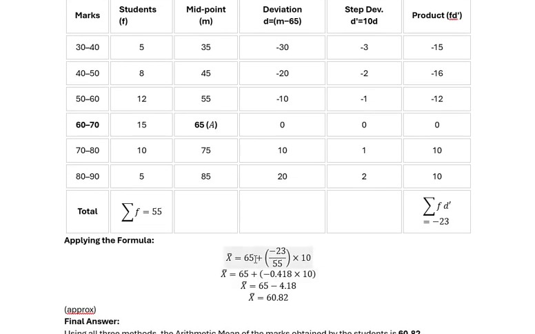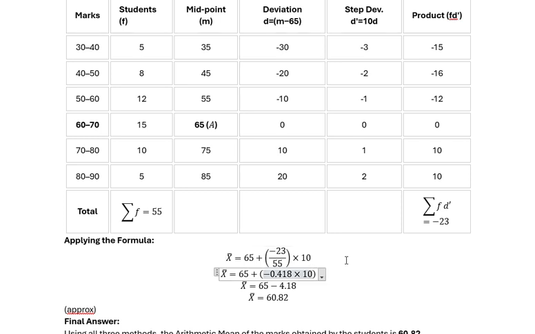So mean is equal to assumed mean plus sigma fd dash divided by sigma f into c. So assumed mean as per the question is 65 plus sigma fd dash is equal to minus 23, sigma f is equal to 55 and common difference is 10. So we will multiply this and try to solve this.